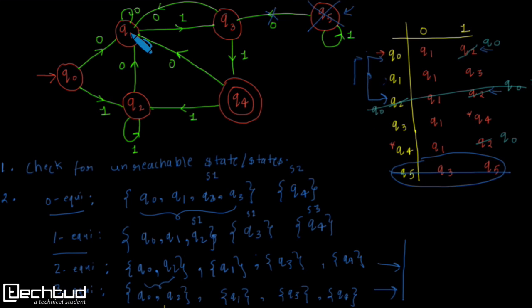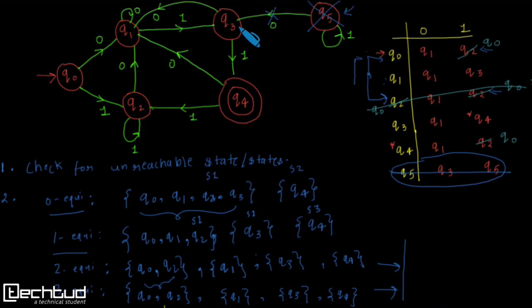If you apply it on Q1, you reach either Q3 or Q1 itself, and both are not final states. For Q2, on 0 it goes to Q1 and on 1 it loops to itself. That means you cannot reach the final state from any of these 3 states on an input of length 1. So all these states are one equivalent.